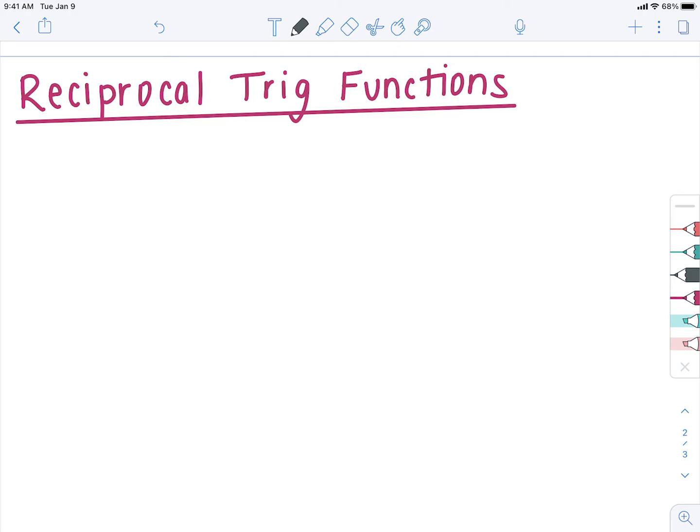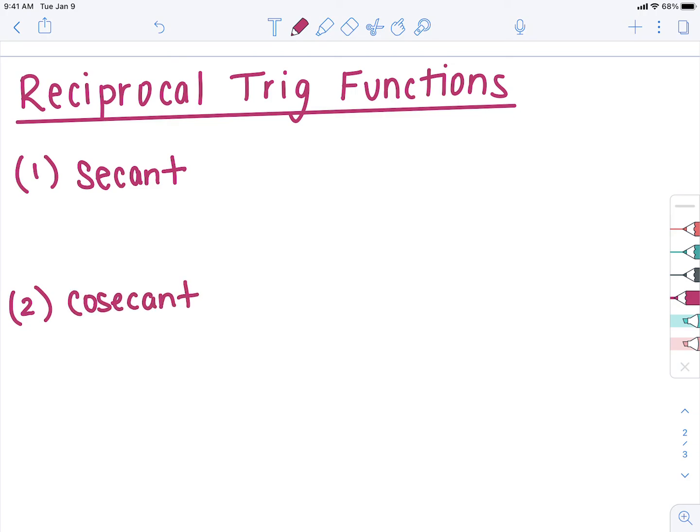So my first reciprocal function is secant. My second reciprocal function is cosecant. And my third is cotangent.